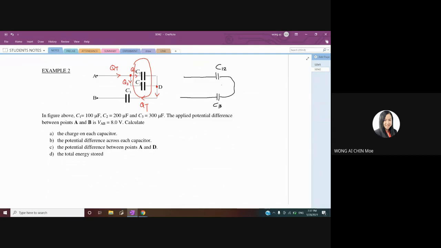V total we already have from the question. The question says in the figure above, C1 is 100 microfarad, C2 is 200, C3 is 300, and the applied potential difference is 8 volt. So try to calculate C effective.